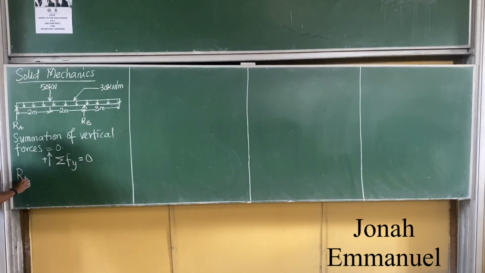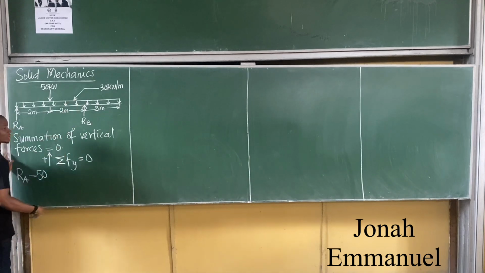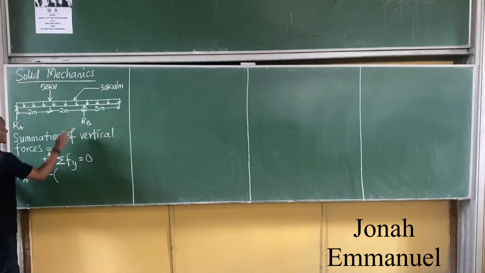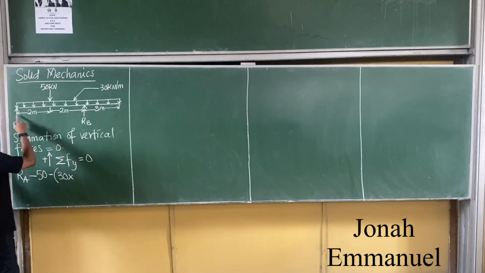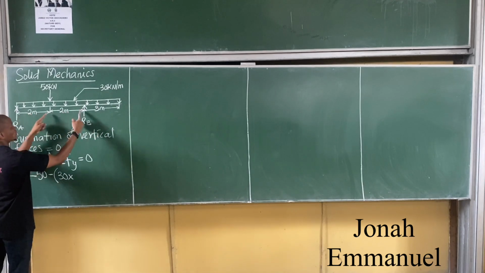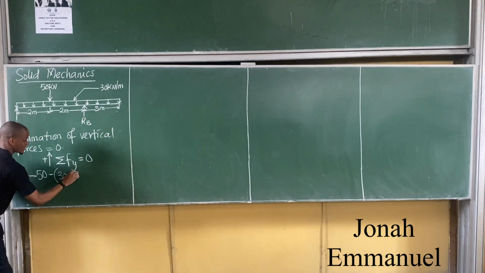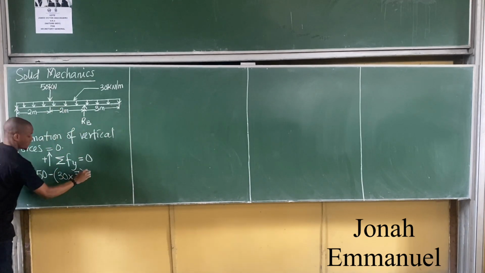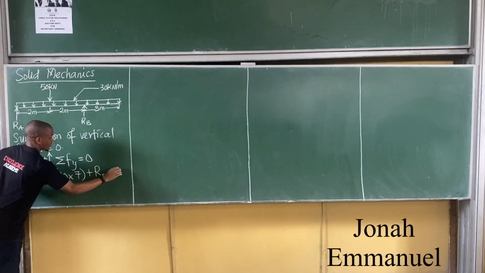Next, I have 50 coming downwards, becomes minus 50, of course in kilonewtons. Next, the UDL is coming downwards. Convert the UDL to a point load. How? Multiply the UDL by the UDL distance. It becomes minus 30 times the UDL distance, which is 2 and 2, that's 4, plus 3, that's 7. So it becomes 7. Then finally I have RB going upwards, so plus RB is equal to 0.